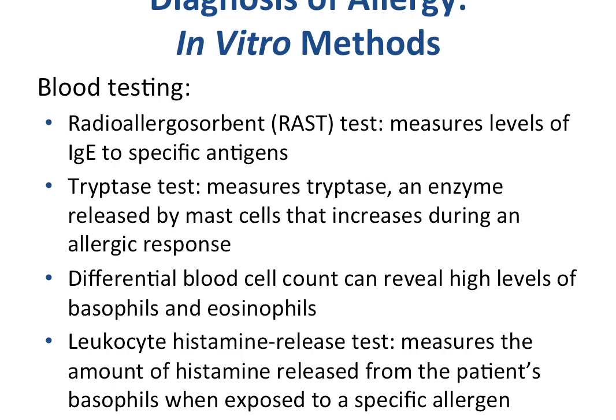We can also make a blood smear to count the basophils and eosinophils. The leukocyte histamine release test to measure the amount of histamine. Actually, we can do all these tests. However, it's not necessary. Okay, so we can set up the diagnosis based on the clinical symptoms.